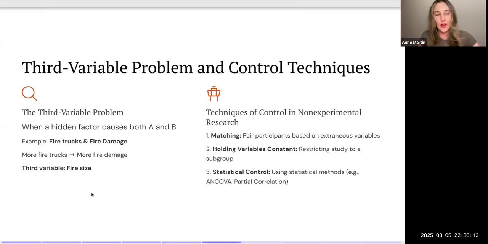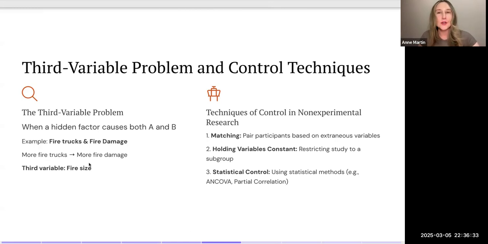So the example in the text was fire trucks and fire damage. There's a positive correlation between more fire trucks and more fire damage. However, more trucks are not causing more fire damage. Instead, it's the fire size that is causing both of these effects.